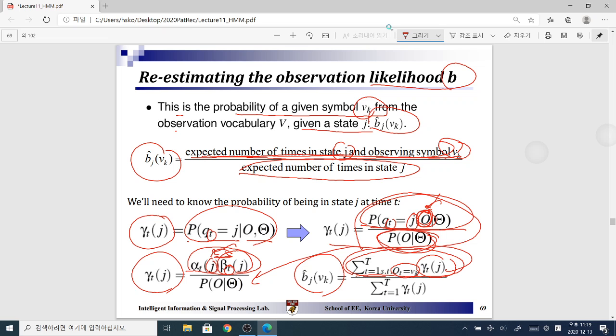And then you divide by the expected number of times in state j, which would be just summing the gamma over all t, where t is from 1 to capital T. So we're essentially summing the probability of being in state j at time t over all time, which is what this is right here.